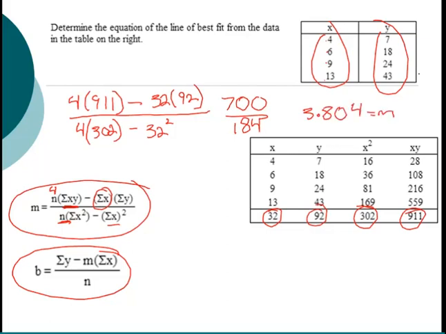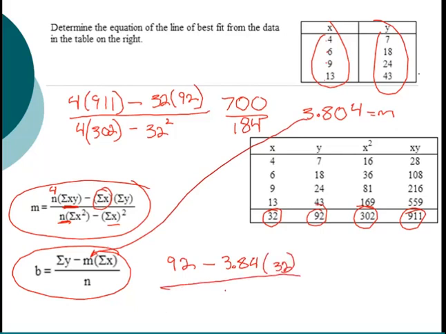So this is M, and this will need to be reused down here. So now we just say our sum of y's, which is 92, minus our 3.804 times the sum of my x's, which is 32, all over the number of numbers I have, which is 4.